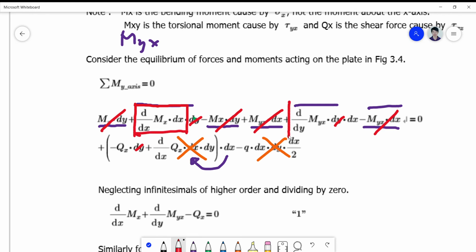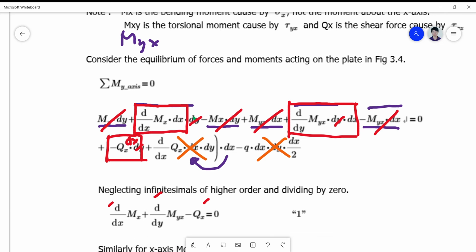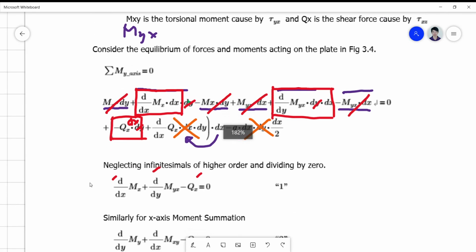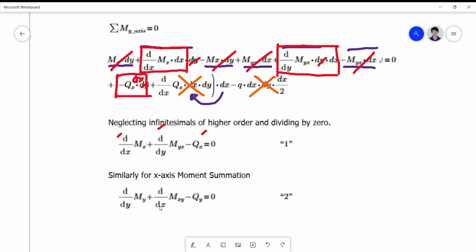Also this one. And the last is this one with a dx there. So these are the three remaining. And this is positive, positive, and negative, but the dx will also cancel out, such that this equation now will represent your equation 1.